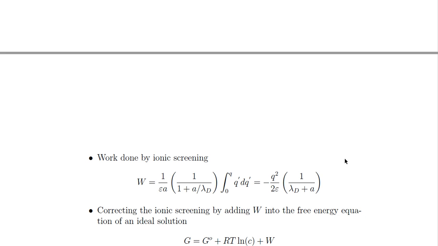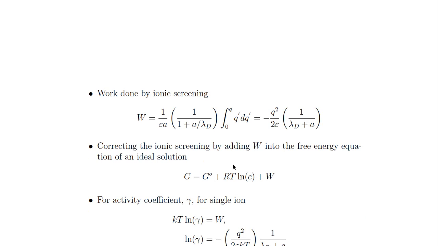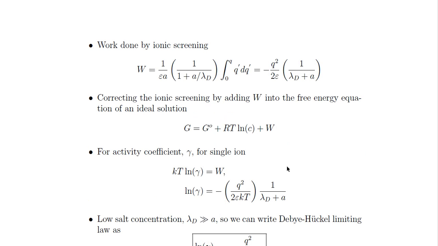The free energy equation, when we have this ionic screening, is G equal to G naught plus RT ln C plus W, where W is the work. For the activity coefficient gamma, these are for a single ion, and this is just like the entropy.